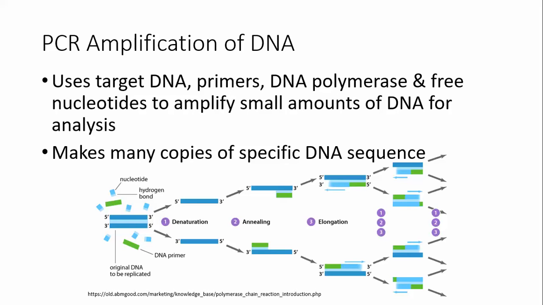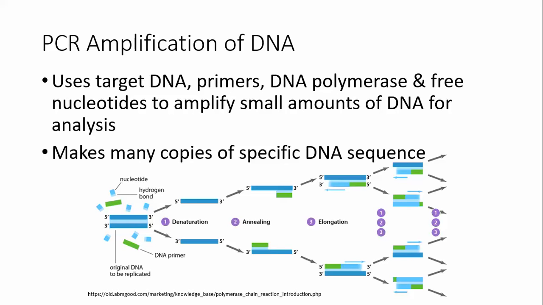PCR is basically a way of making thousands, millions of copies of a targeted sequence of DNA in a fairly rapid amount of time. One of the quicker PCR cycles that we have on our machines runs about an hour and a half. After an hour and a half, you'll have millions of copies of a specific DNA fragment.